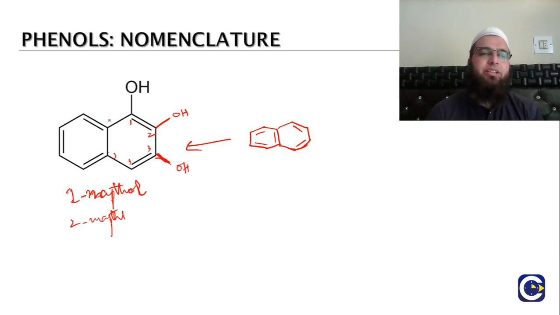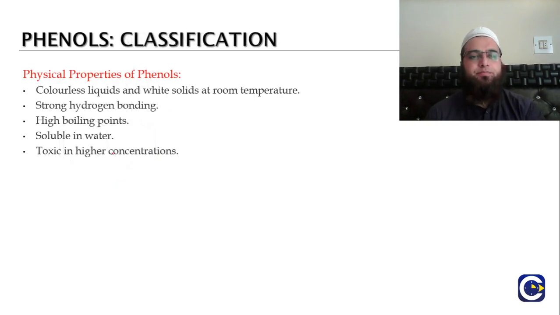So this is just an example that this is also a phenol, and phenols can be multi-ringed compounds also. In any aromatic compound in which there is a hydroxyl group present, it is a phenolic compound.